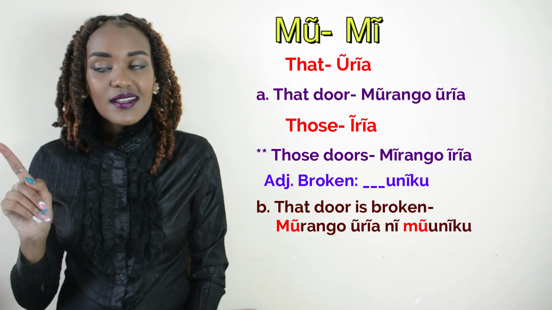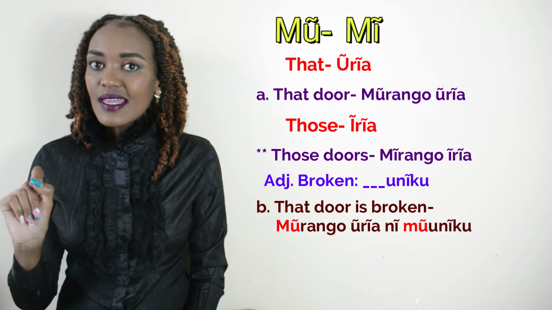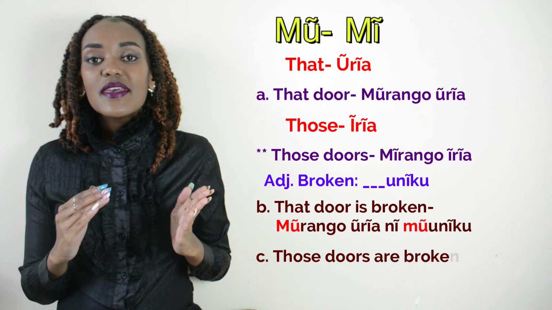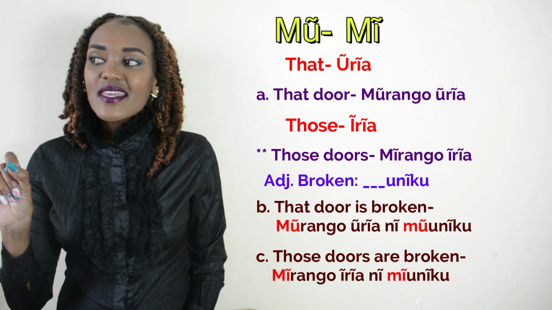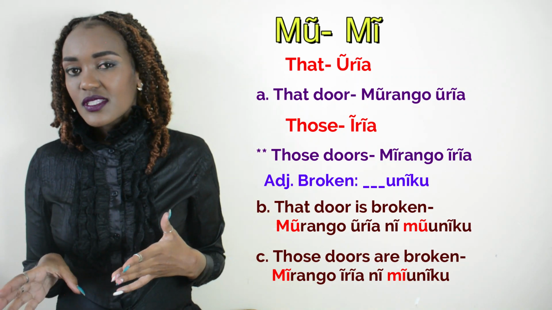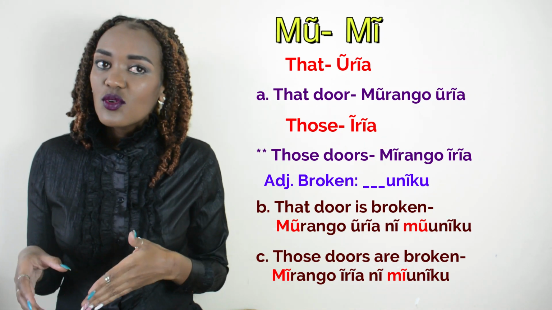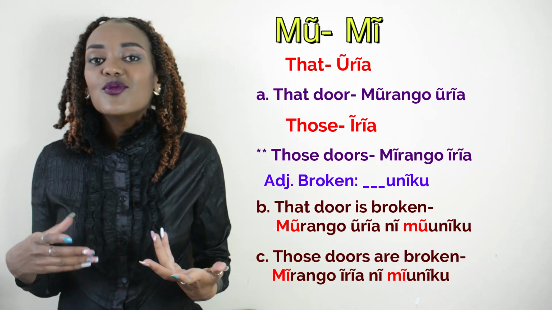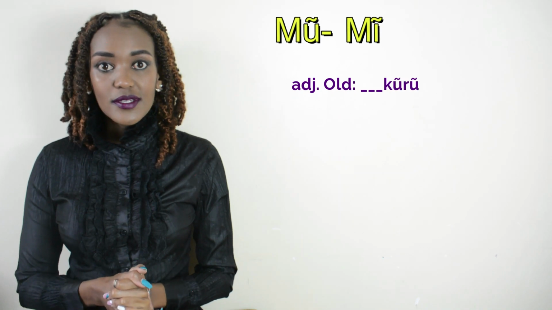And the plural, merago area ne miuneku. So I know it can be a bit confusing because I say muneku, but when you have mo uneku, it's going to sound like just muneku, or me uneku, it's going to be miuneku.